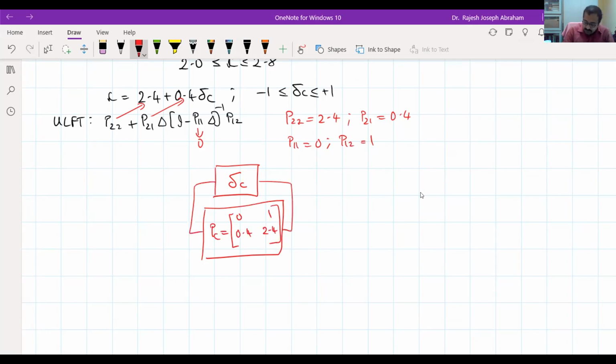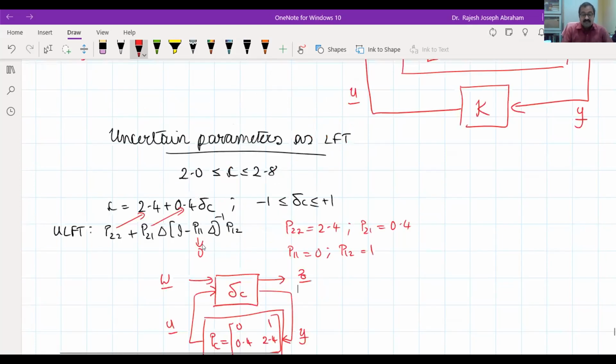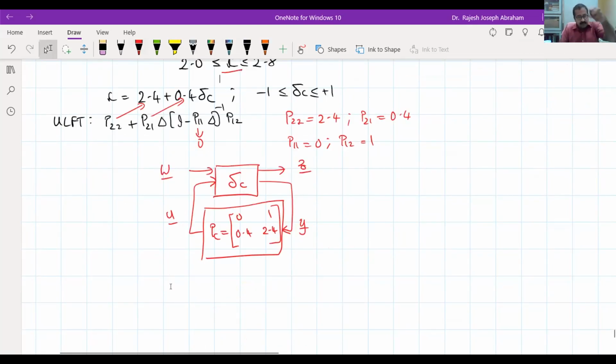This is my measured output Y, this is the control input U, this is the external input W, and this is the regulated output. In this way, we have represented the perturbation within the parameter C as a separate block and separated it out of the plant. So now we have a separate perturbation block delta and the nominal plant P.